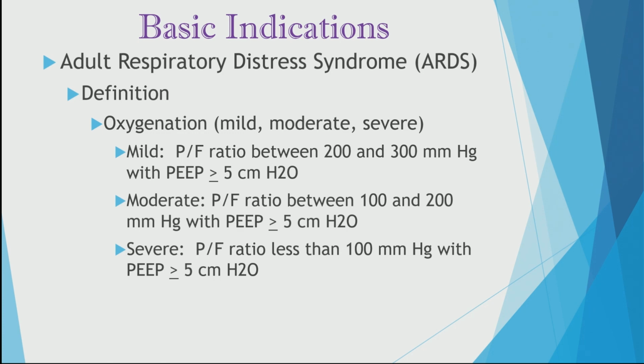If the deficit is mild, the PF ratio is between 200 and 300 millimeters of mercury with a PEEP equal to or greater than 5 centimeters of water pressure. If it's moderate, the PF ratio is between 100 and 200 millimeters of mercury with a PEEP greater than or equal to 5 centimeters of water pressure. And severe, the PF ratio is less than 100 millimeters of mercury with a PEEP greater than or equal to 5 centimeters of water pressure.